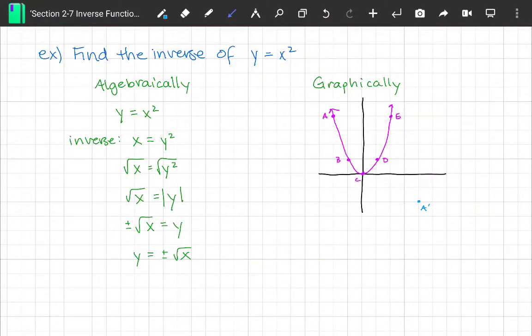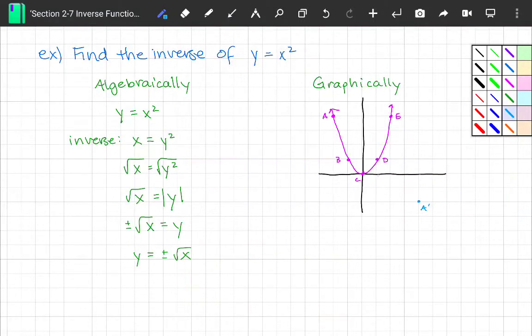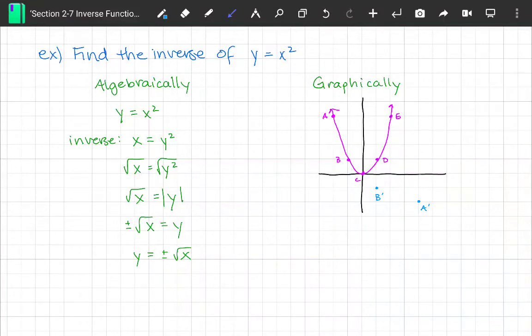And if B is at negative 1, 1, then B prime is at 1, negative 1. And if C is at 0, 0, then C prime is, oh, well, it's also at 0, 0.